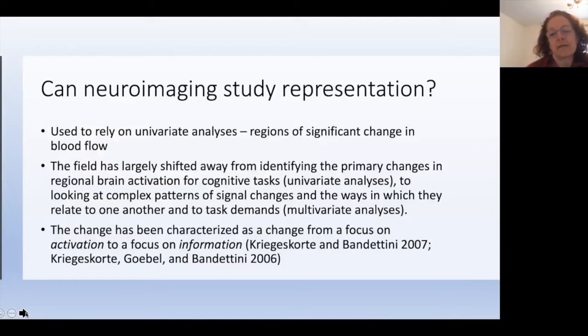Part of the answer to the question, I think, comes from thinking about what the methodological advances have brought to neuroimaging. So many of these criticisms were first levied early on in the era of imaging, where people really relied primarily on univariate analyses.